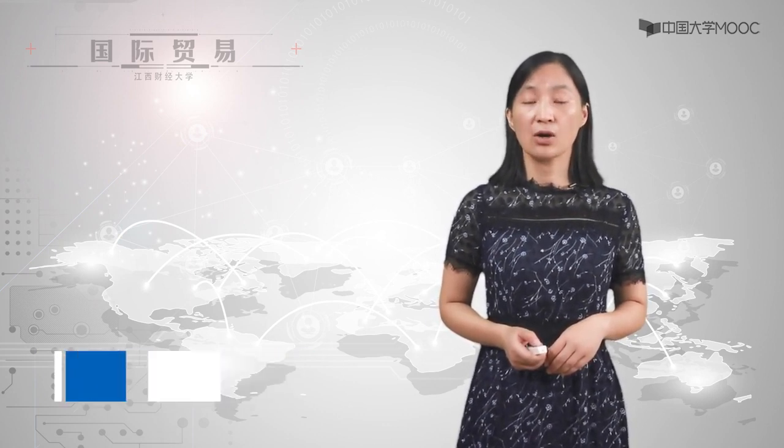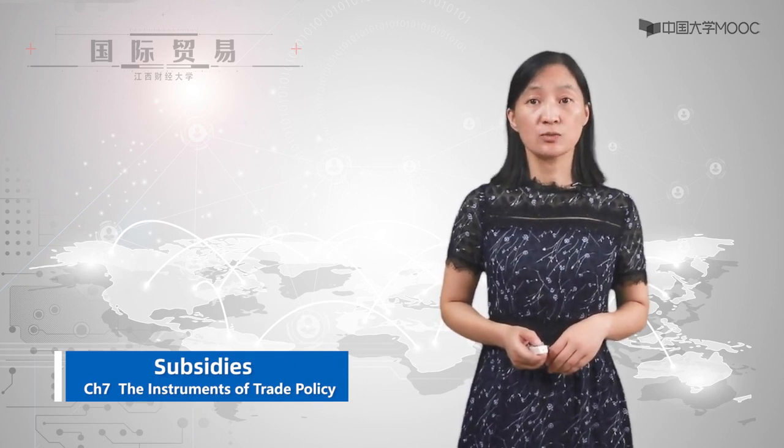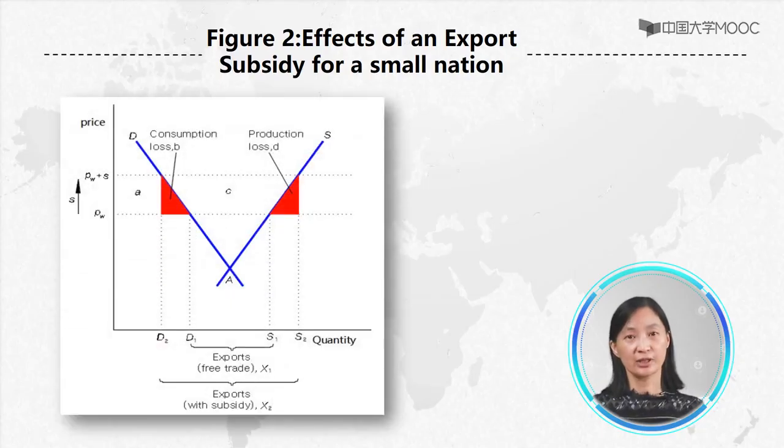Rather than granting a production subsidy to import competing producers, a government could pay a subsidy on exports only. Let's begin with a small home country that faces a fixed world price for its exports. Consider a small country exporting sugar. Please look at Figure 2.